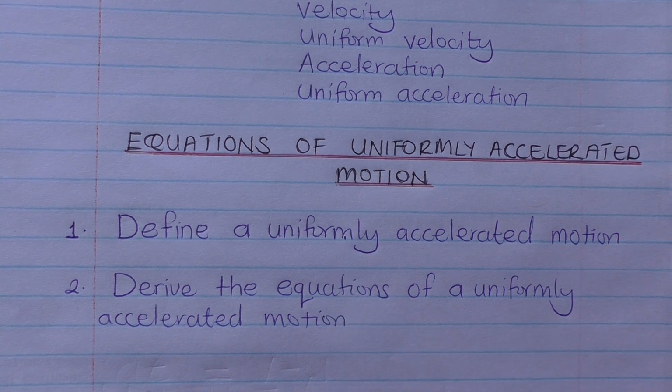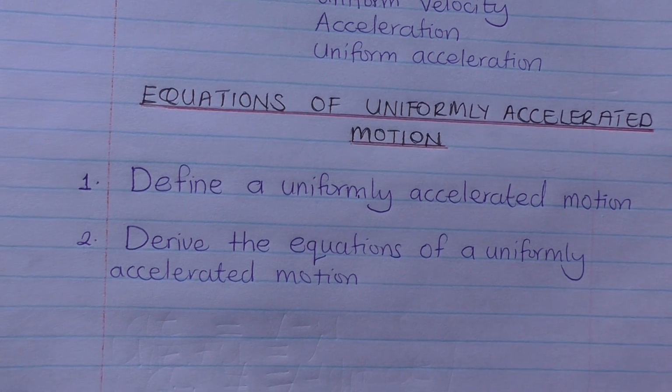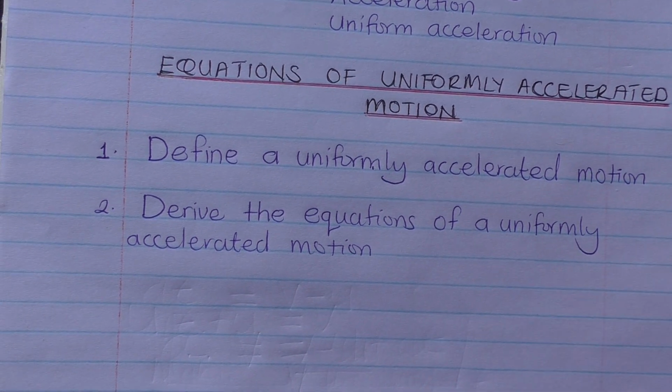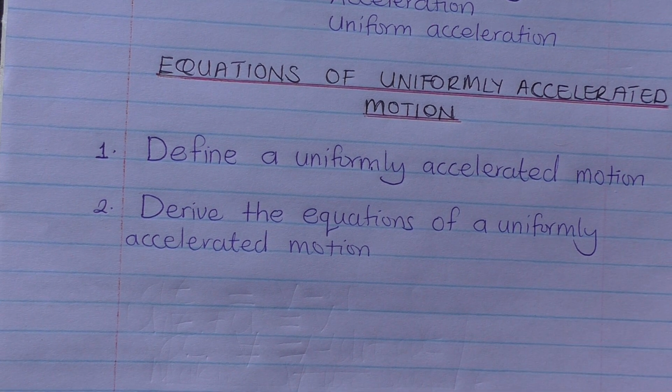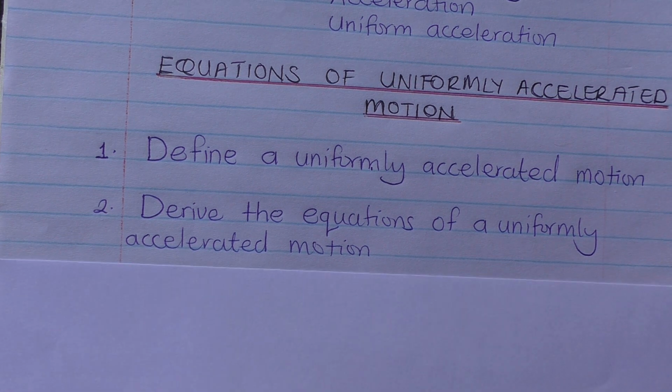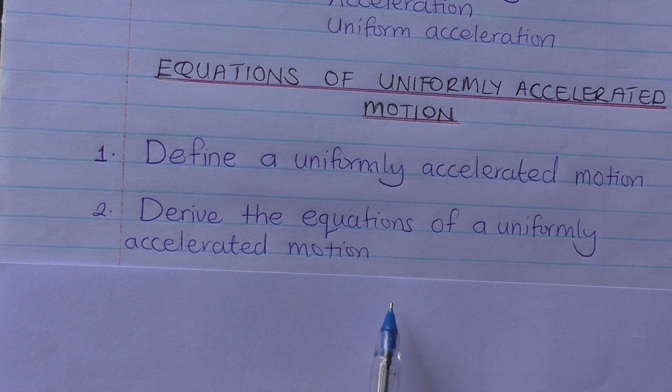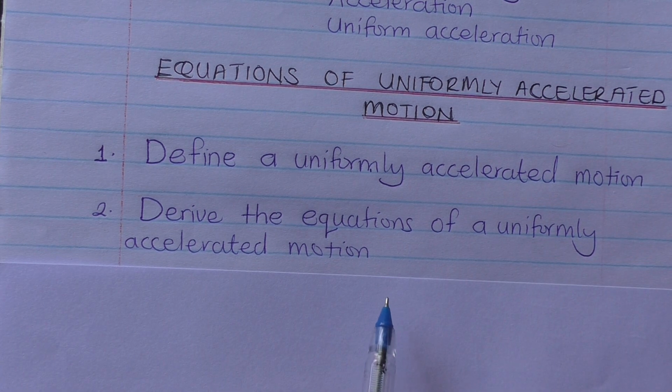When it comes to deriving, there are three equations that are used under uniformly accelerated motion, and these ones are derived using acceleration, final and initial velocity, time taken, and total displacement.